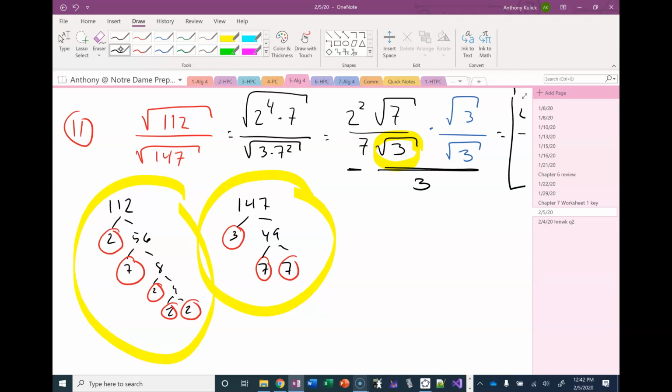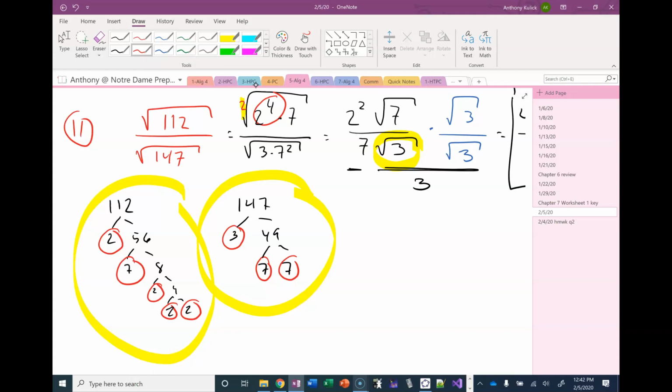Okay, so if you have 4 quarters and I'm the bank, you can give me 4 quarters and I give you back a $1 bill, right? So here the exchange rate is 2 because it's a square root, right? The index here is 2. We don't write it there, but we know it's there. So here I have 4 of them.